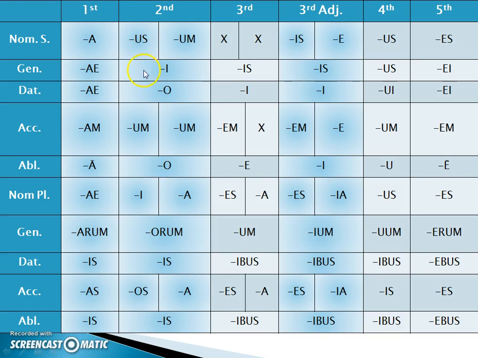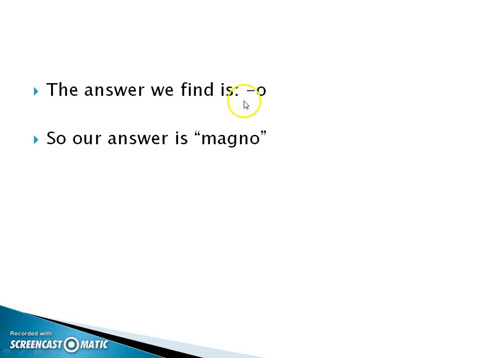We discover that our ending there is an o. So our form is going to be magno.